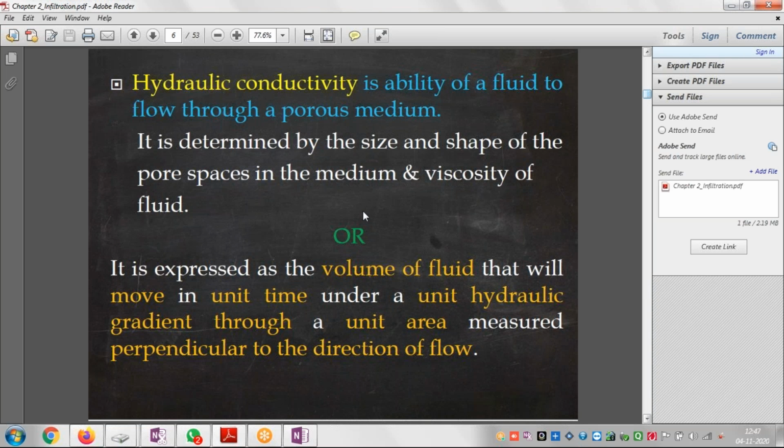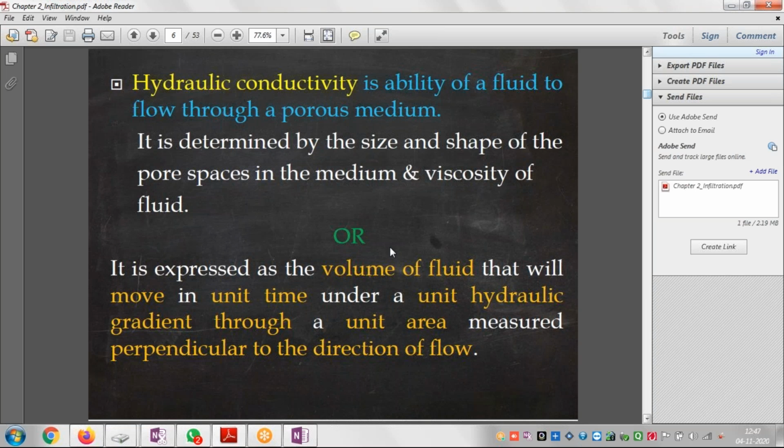And infiltration is the distance traveled by the water in a unit time. Is the difference okay? And this hydraulic conductivity depends on the shape of the pore spaces, the spaces available below the surface. If there are more, it means more hydraulic conductivity.